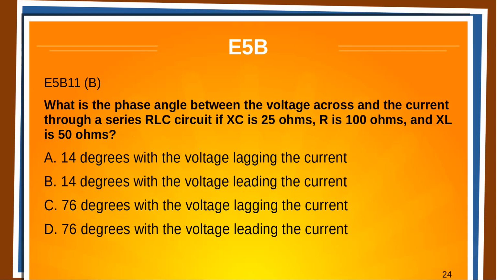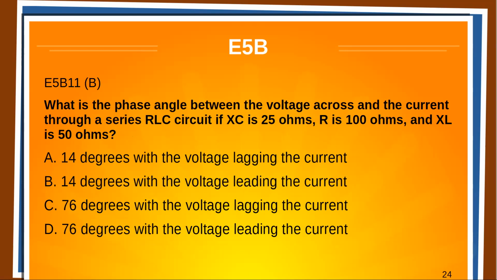What's the phase angle between the voltage across and the current through? Capacitive reactance is 25, resistance is 100, inductive is 50. So this time we have a positive reactance.